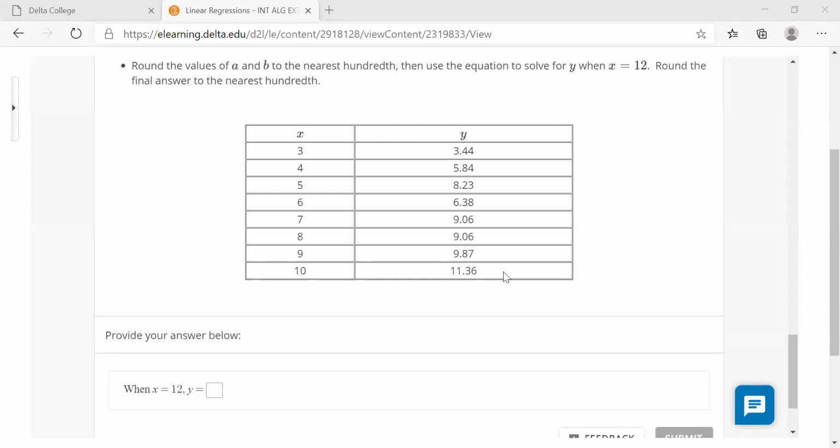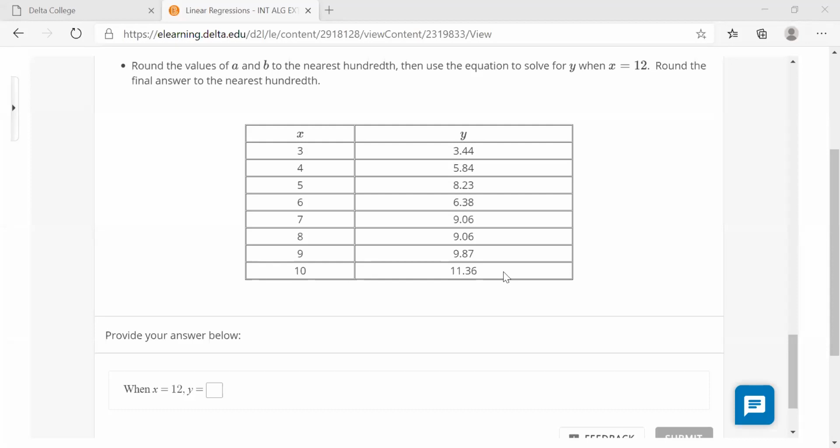Okay, so you got all those X's and Y's in there now. Now, what do they want us to do? Round values of A and B to the nearest hundredth and use the equation to solve for Y when X equals 12. So we're just putting in a final result when x equals 12. And I think that's where you got the 12 from in there. That's what kind of messed you up.